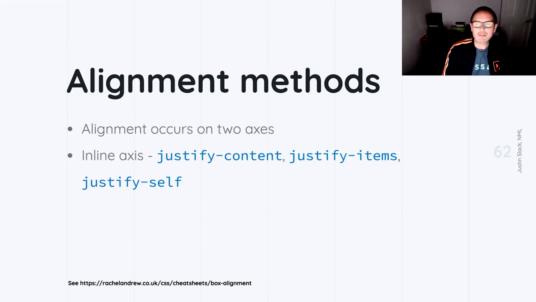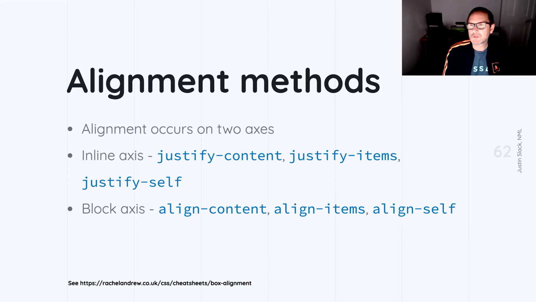We have what is the inline axis, and this is horizontal. And that is justify content, justify items, and justify self, as in all the justifiers. And then we have the block axis, which is vertical. And here we have align content, align items, and align self. And these all have a bunch of different values.